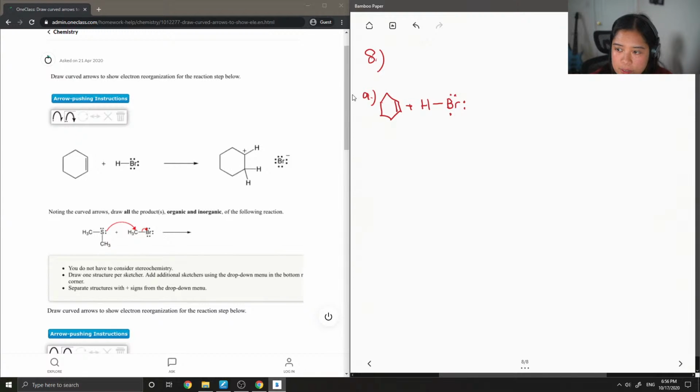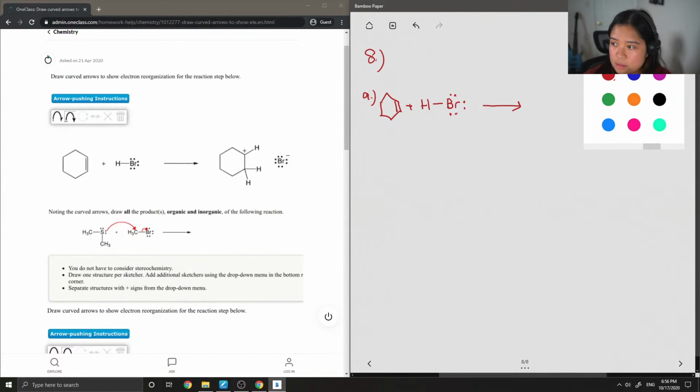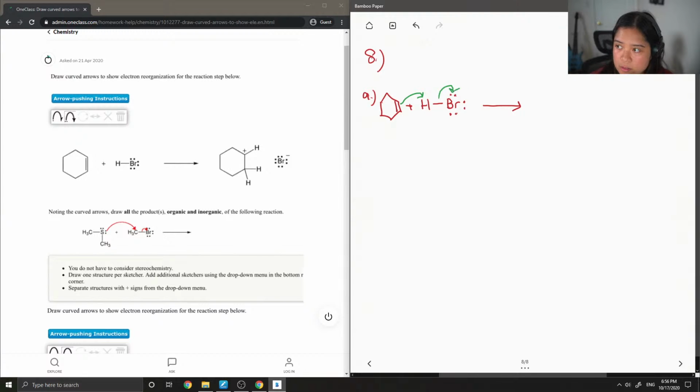And then HBr. And then you'll see that the double bond is reduced, deprotonates the HBr. So its mechanism will look like this, where the double bond just attacks here. Electrons go there.